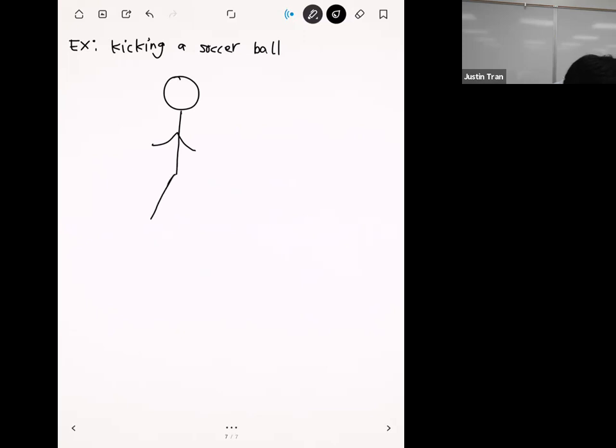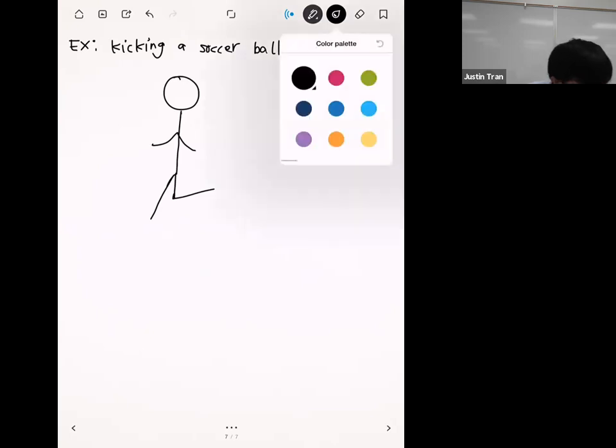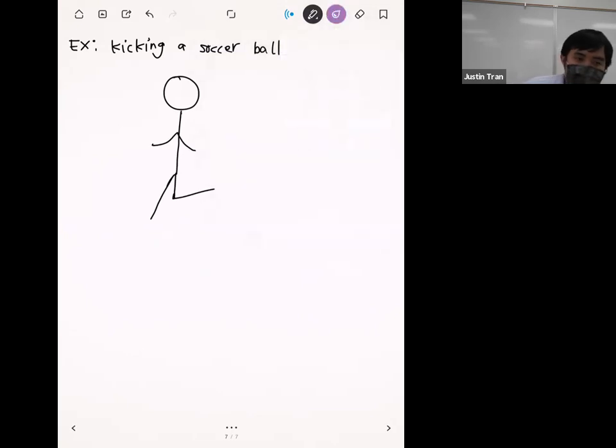Let's say that he has one foot planted and the other foot is winding back to kick a soccer ball. Okay. All right. And so let's focus on just the motion of the lower leg. Okay. And so as this leg kind of comes down towards the ground to kick the soccer ball, right? This lower leg itself is going to rotate. Okay. And so if we say this is the center of gravity of the leg, okay.